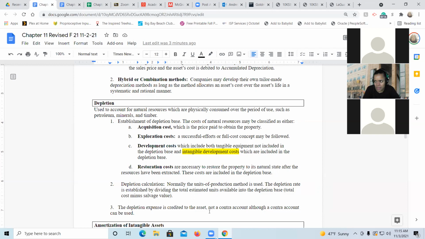But with a mine or timber, that asset is actually being consumed in reality. So the expense can be credited to the asset, although you can use a contra account, an accumulated depletion account, but for the most part they will just debit depletion expense and credit coal mine, or credit timber forest, or whatever you call your asset.